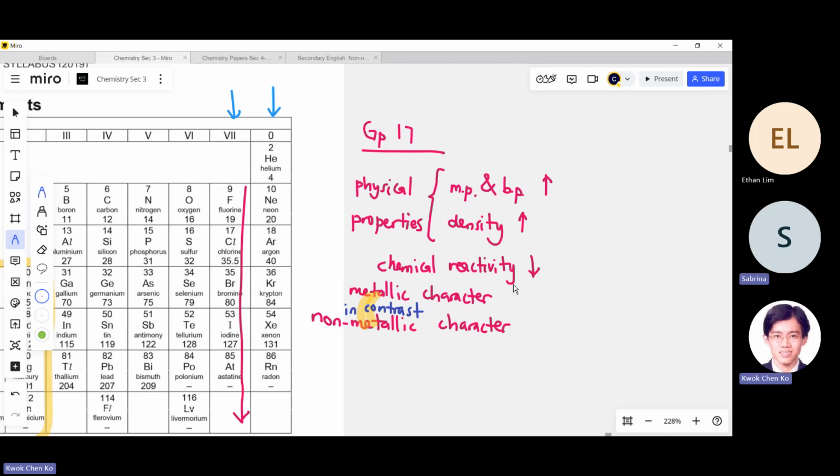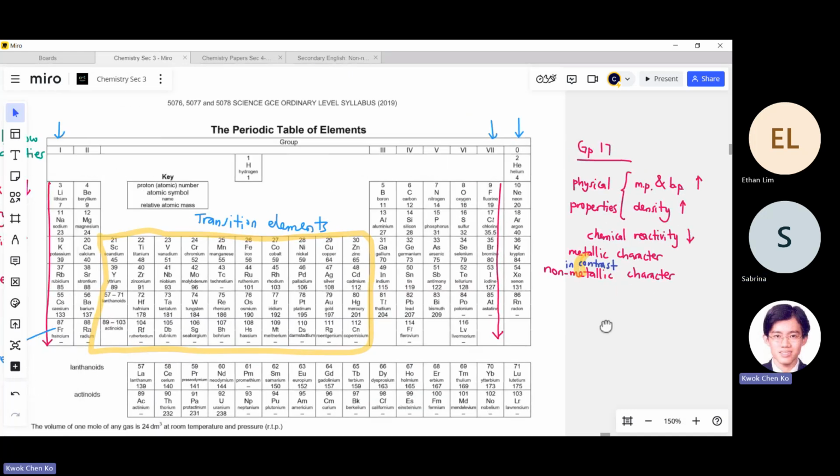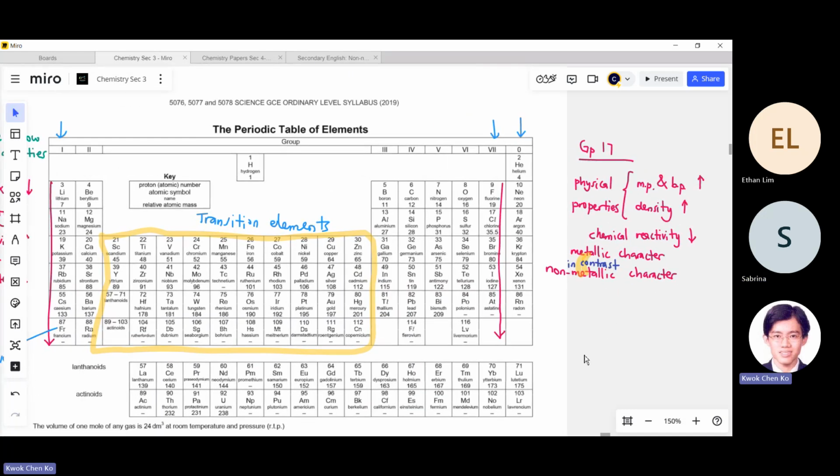Okay, this is a trick question. Angel and Rachel, I assume you know the staircase between metals and non-metals. Can you remember the staircase? Okay, draw it out on your own periodic table. You need to get it right.